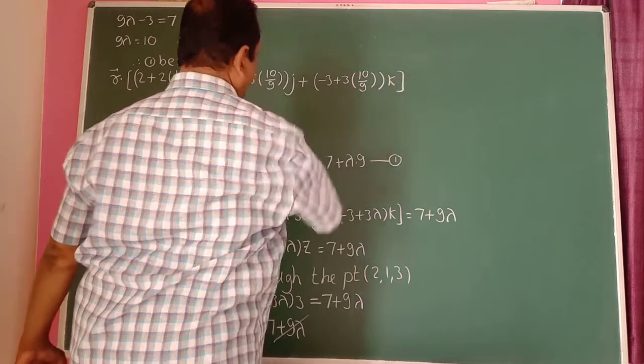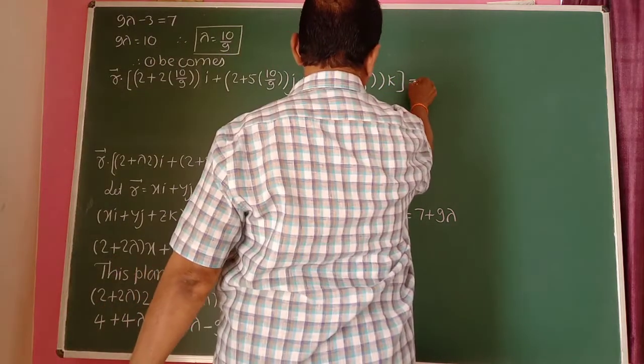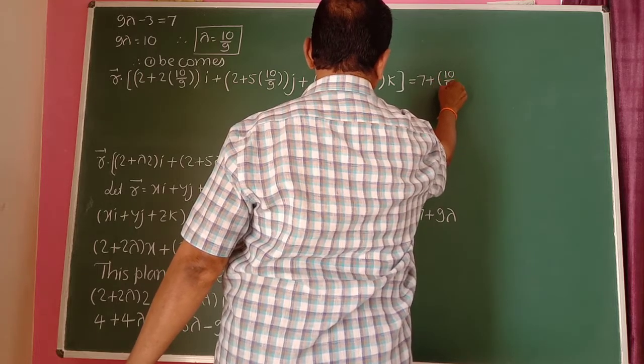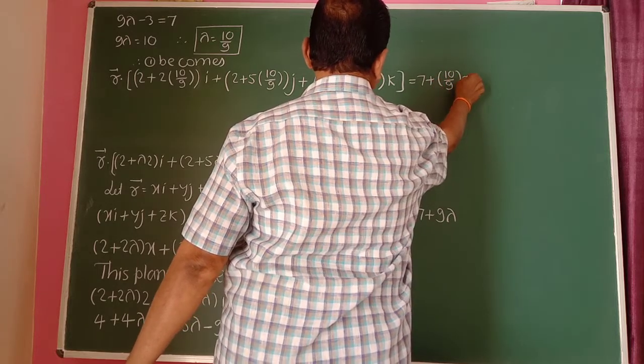Bracket complete here. Then this is equal to 7 plus 10 divided by 9 into 9.